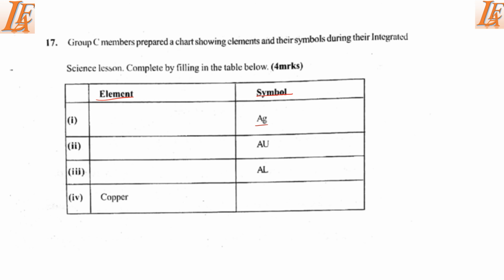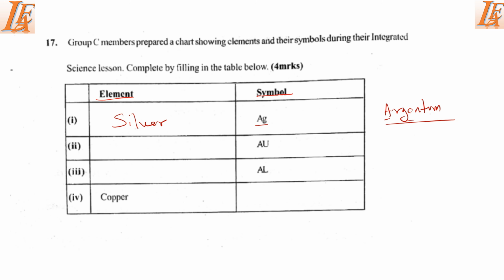What is the name of that element? This one is silver. The Latin name for silver is argentum, and the chemical symbol, we get it from the first letter and the third letter, which is Ag.